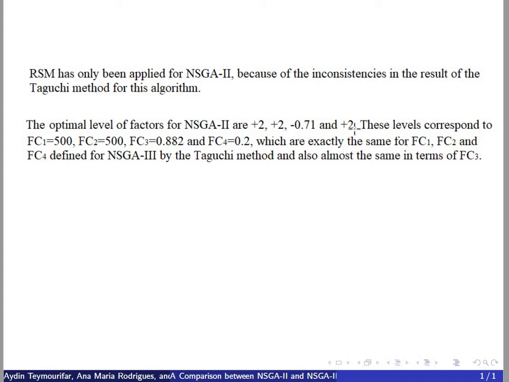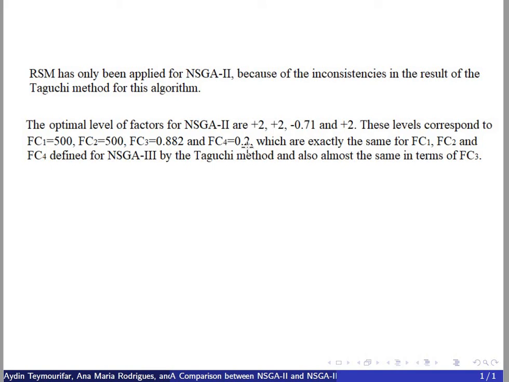These levels correspond to 500 for population size, 500 for number of iterations, and these values for crossover rate and mutation rate.